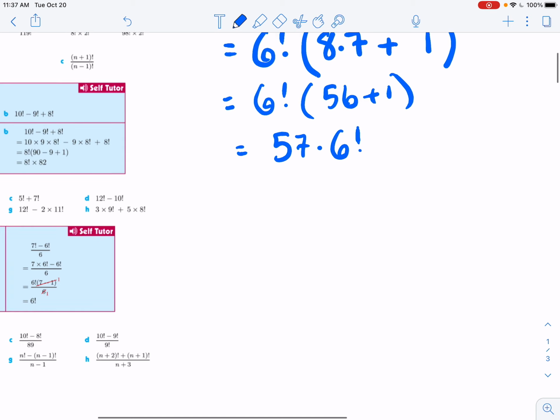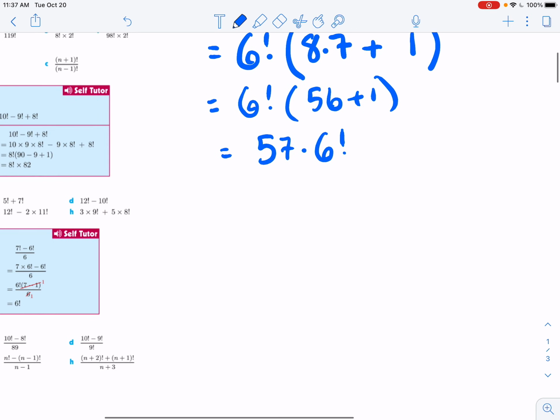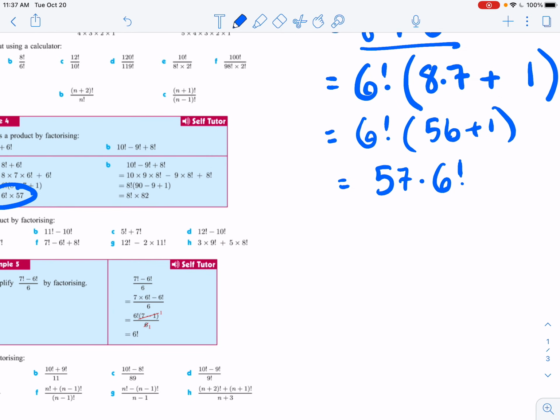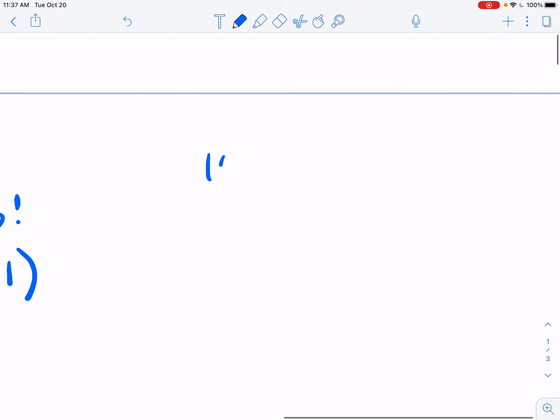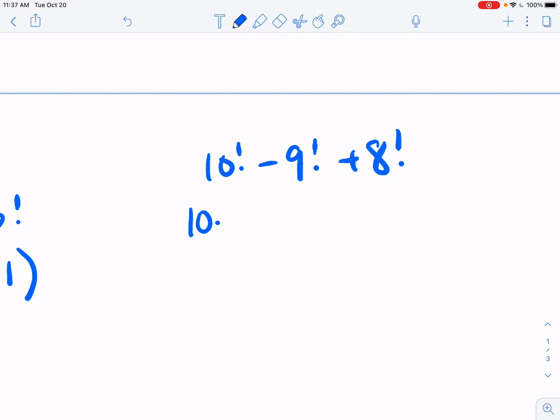Fantastic. The next one: 10 factorial minus 9 factorial plus 8 factorial. So this is 10 times 9 times 8 factorial. Why did I stop at 8 factorial? Because that's the smallest factorial that I see. Minus 9 times 8 factorial plus 8 factorial.